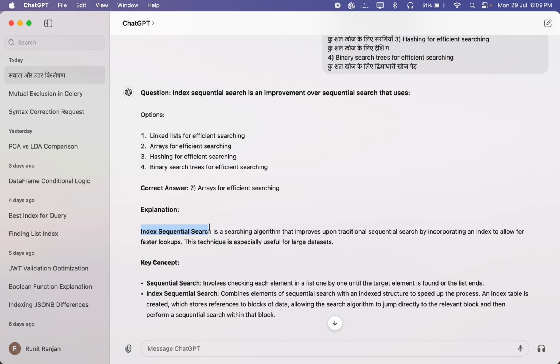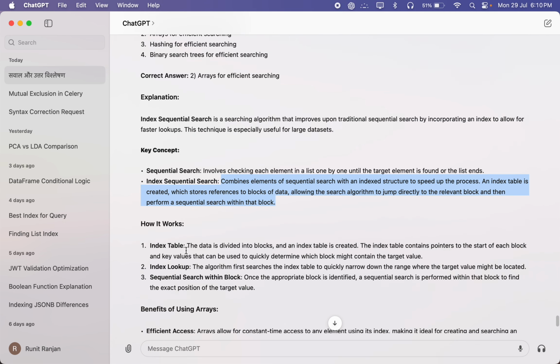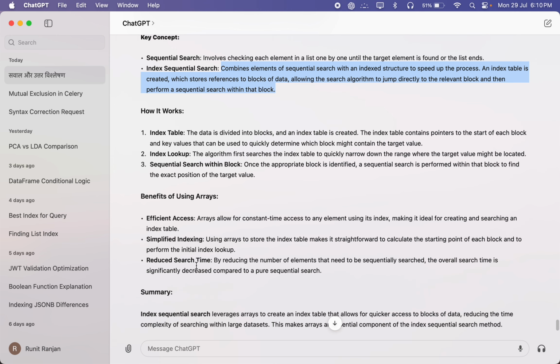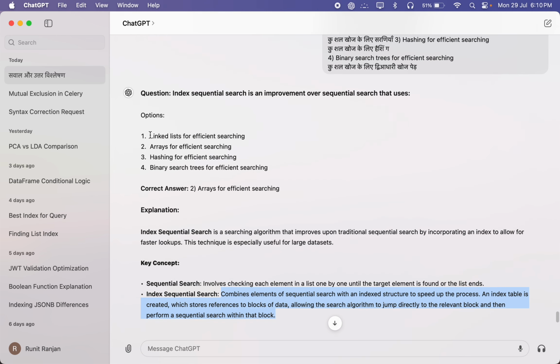Okay, let's see what index sequential search means. It's a searching algorithm that improves upon traditional sequential search by incorporating an index to allow for faster lookup. That's true. We can use an index in index sequential search, but in sequential search you have to use sequence. Okay, array can be the right answer.